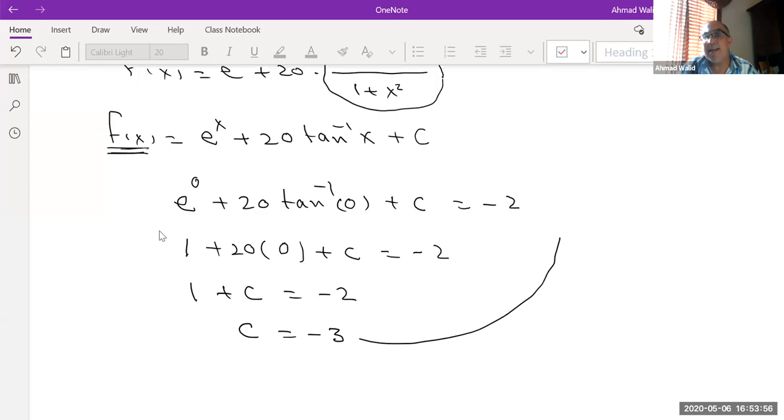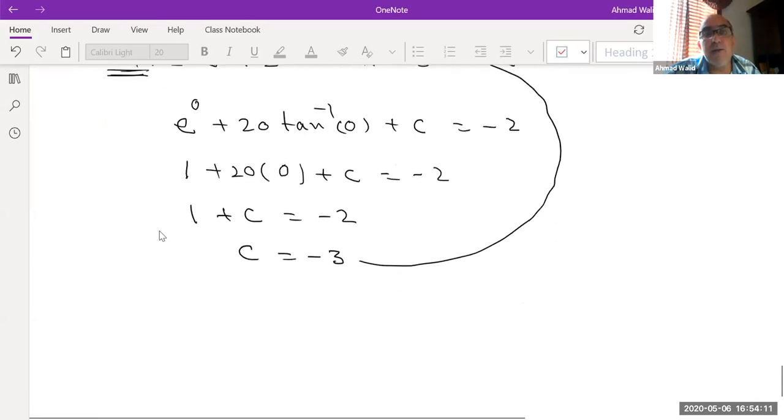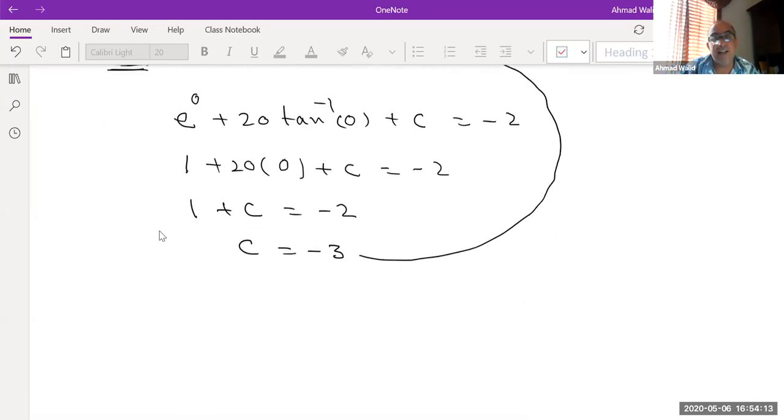Now plug in the value of c into your general antiderivative. This one was your general antiderivative, right? And you can find the particular antiderivative of your function. It means you can write f of x equals e to the power of x plus 20 times tan inverse of x minus 3.